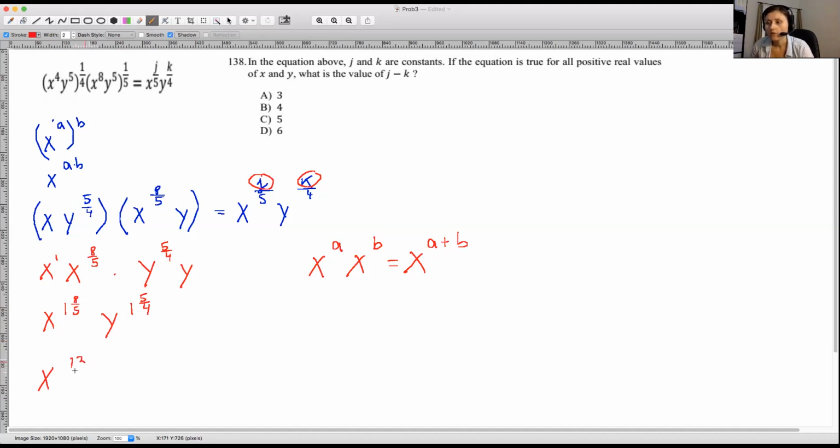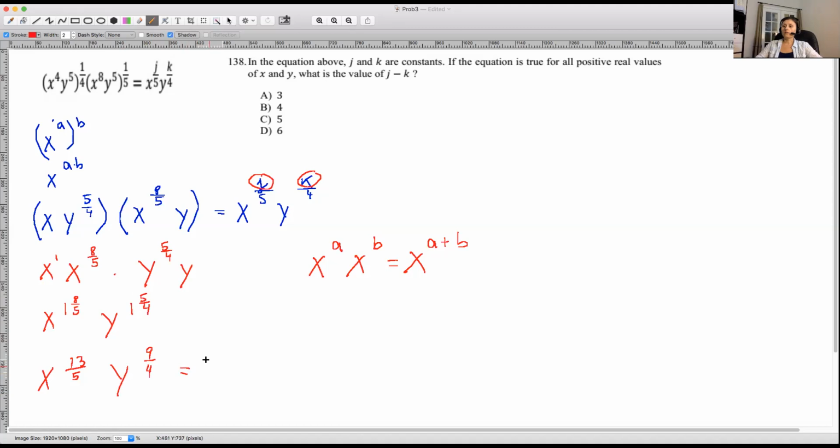So it'll be x to the power of 13/5. I just changed 1 and 8/5 to 13/5. And then y is going to be the same thing. It's 1 times 4, which is 4, plus 5, which is 9. So 9/4. That's another improper fraction.